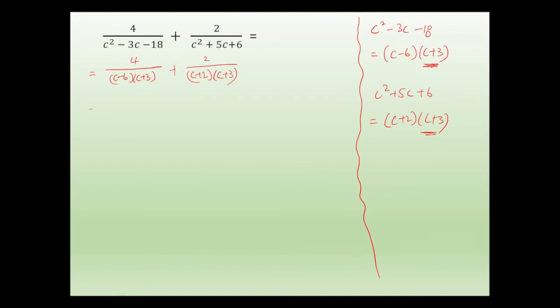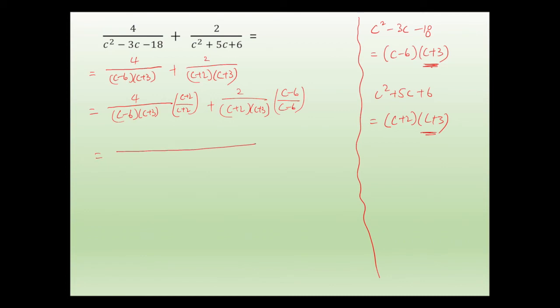So using the same principle as the previous example, I now have 4(c plus 2), and 2(c minus 6), over the common denominator.